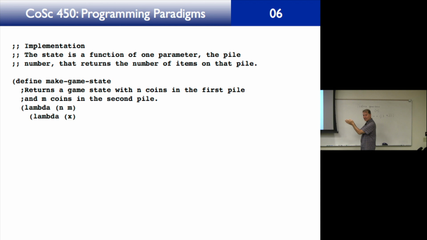The pile number. Right. And what does that function look like? If equals x. Oh, sorry. Well, we could either say if equals n1. I think that, well, I did it odd, right? Yeah. So it would be if what? If odd x. N. Otherwise m, and that's it.